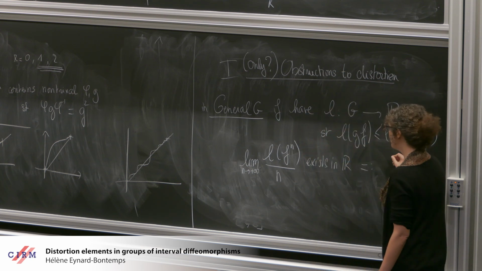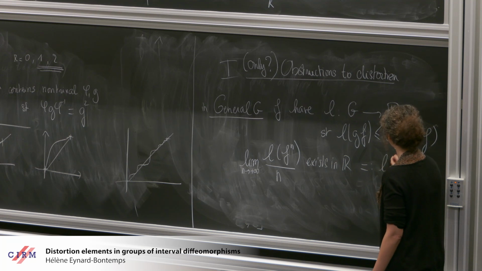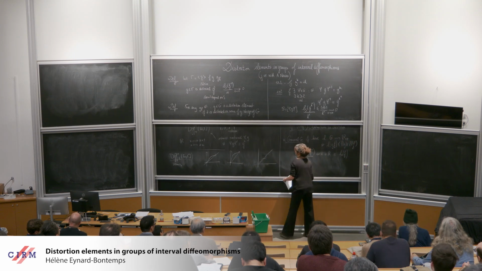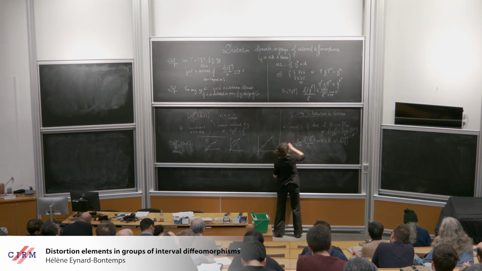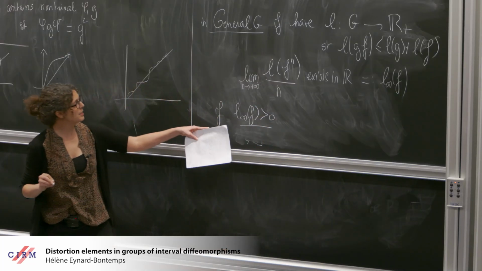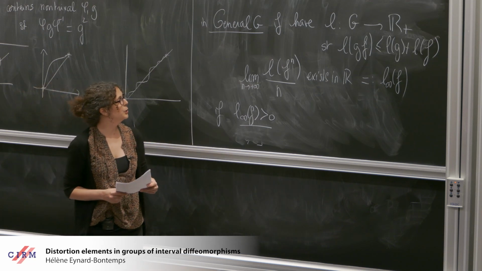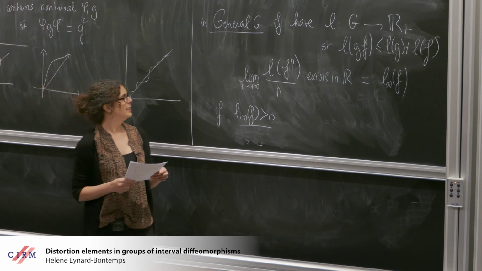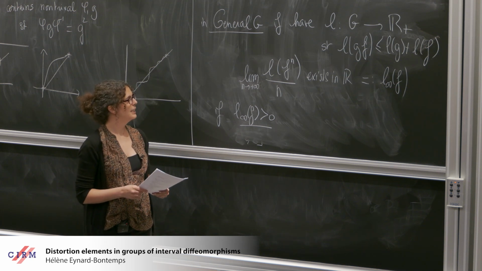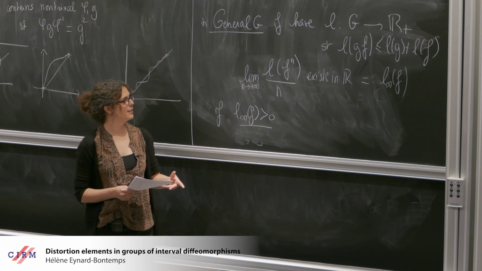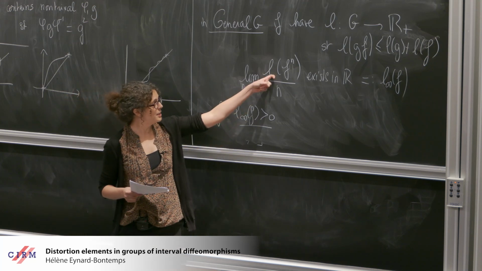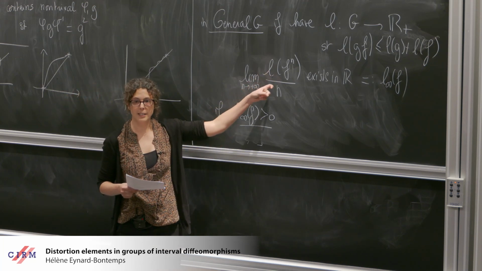And I'm going to define it as L_infinity(f). If this quantity is positive, then you cannot find a finite family generating f such that the powers of f can be written as words in this finite family with length small compared to n, because otherwise this quantity would be small compared to n, and this would be 0.